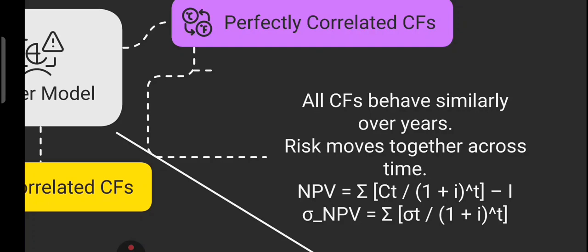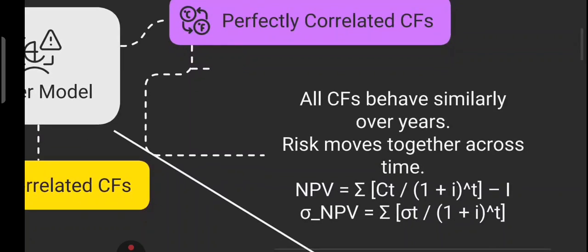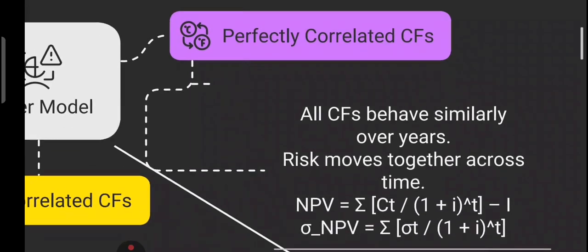And this model assumes the same risk pattern continues year after year. That means all cash flows behave similarly over the years. So this is called perfectly correlated cash flow.